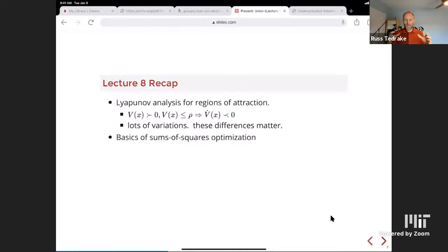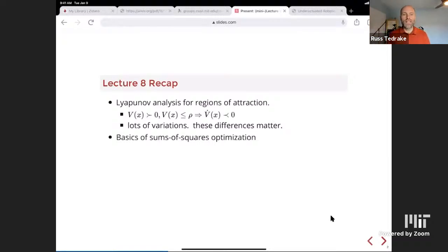If you can show that V dot is going downhill over some region, and that region is an invariant set, then you're good. You also have to make sure you never leave the set, because if you had some random circle where V dot was going downhill, you could walk away from it and V could go uphill again.